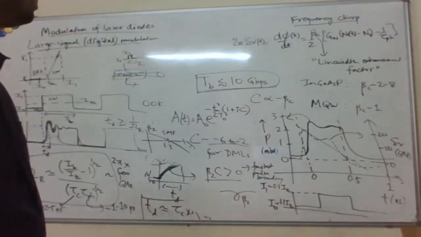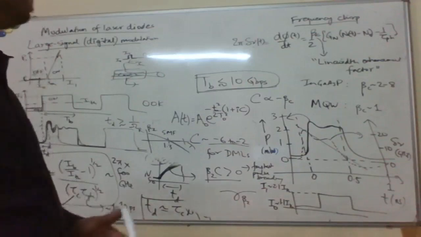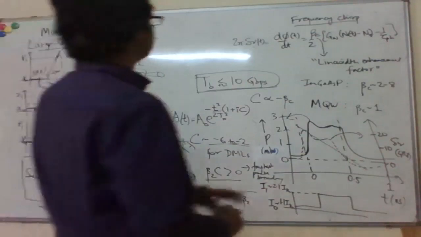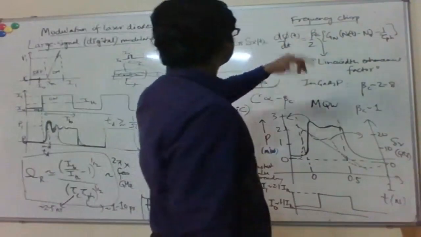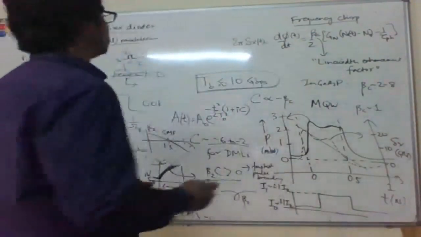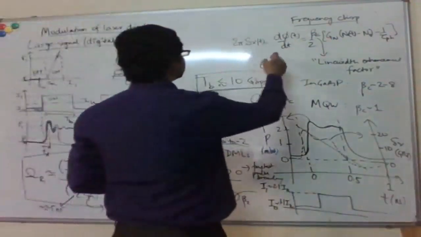Is it not the negative of the derivative of the phase? Yeah, I guess this is in the convention. It doesn't matter if you take plus or minus i phi of t.